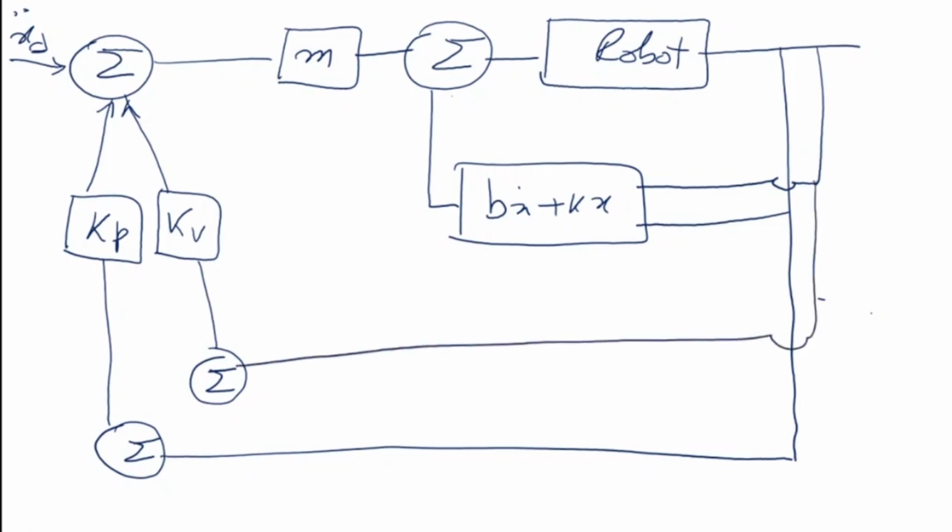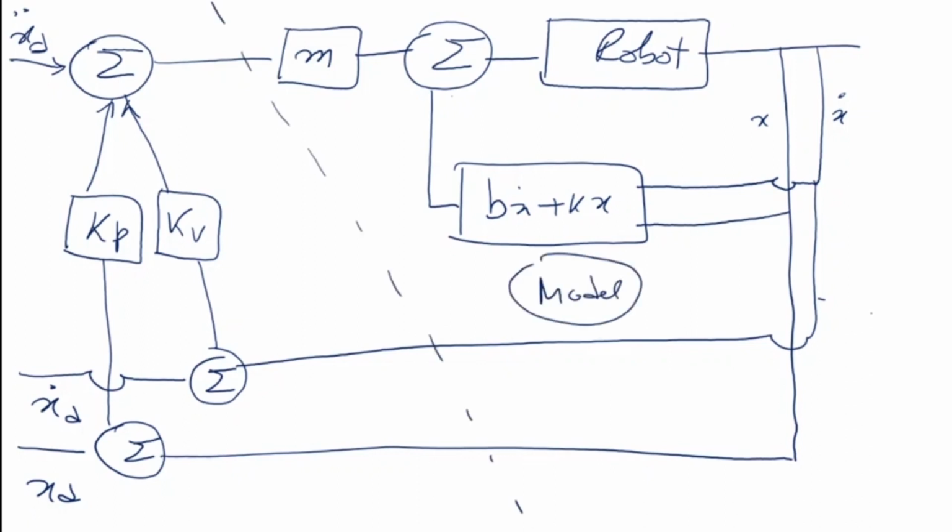So now what we see is we have one input here, which is my kp, the input is xd, and here it is xd dot. And this is my xd double dot. So essentially this is my x dot and this is my x. So we have partitioned the control system into two parts, and this is my model part and this side is my servo part.